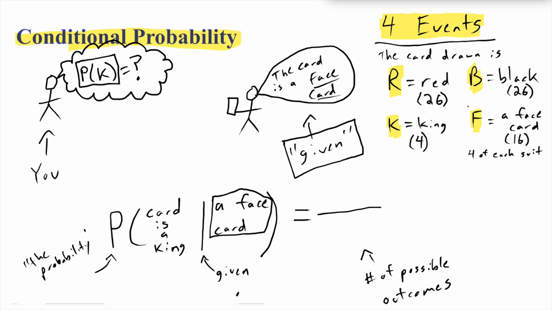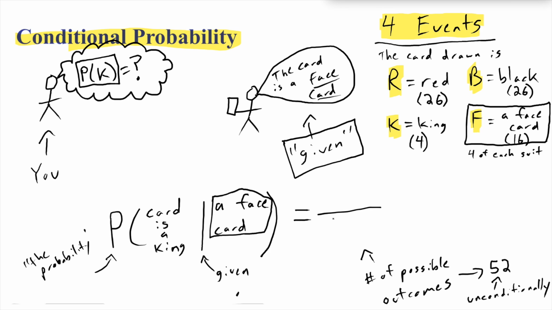The card has to be one of these 16 face cards. So the number of possible outcomes here is reduced. We used to have 52, but that was unconditionally. That was if we knew nothing. And now that we know this given information, the number of possible outcomes is reduced.